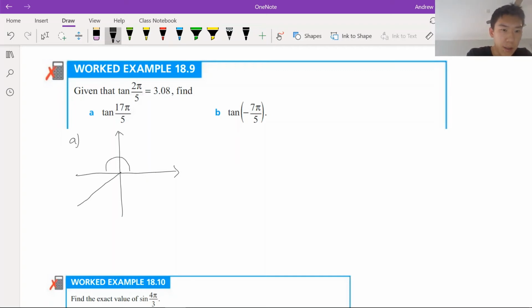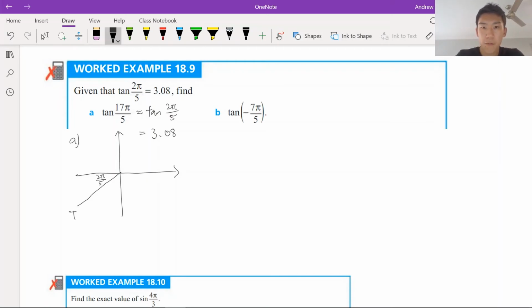So that would be 5 pi on 5, which is pi, and then 10 pi on 5 if we keep going around, and then 15 pi on 5, and finally 17 pi on 5 would end up there. Hopefully that makes sense. So this angle with the x-axis is 2 pi on 5. In this quadrant, tan is positive, so tan(17 pi on 5) would have the same value as positive tan(2 pi on 5), which is the value we've been given at the start, so 3.08.